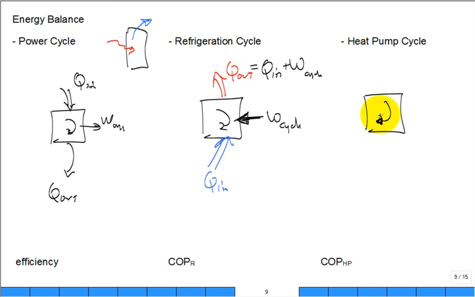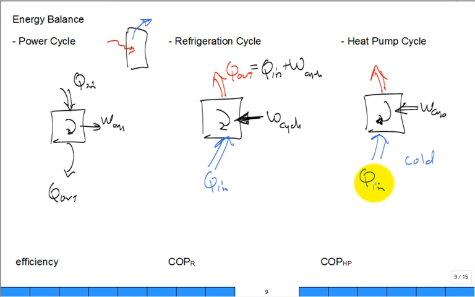So what they're doing is they have a cold, let's put this one, different ways of writing it. Let me do it this way. You still have to supply work to it. Typically it's shaft power to run a compressor, but that's a work to provide it. And you take heat out of something that's cold. What? Yeah, heat out of something that's cold.